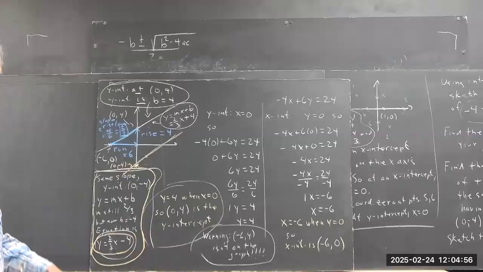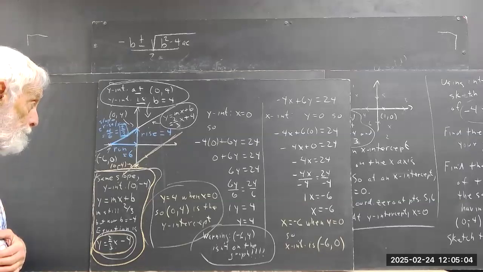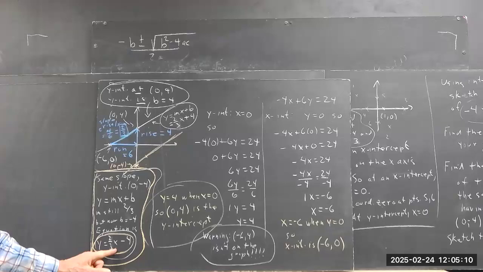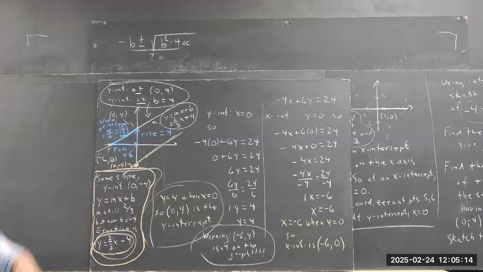Okay. Make sense? Also, if it's in this form, it's really easy to find the y-intercept. You let x = 0. And right there it is. Of course, you know that's the y-intercept anyhow, when the equation's in this form.